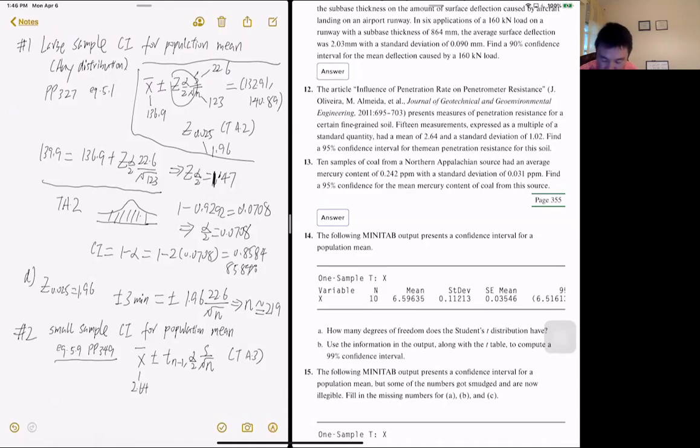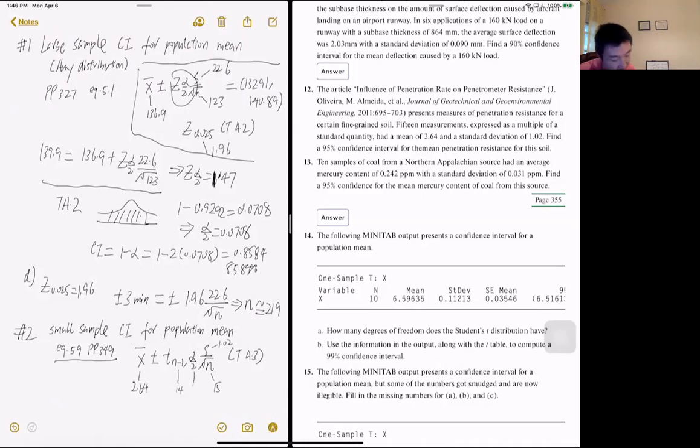Sample size n is 15, and the sample standard deviation s is 1.02. So let's figure out the t-value. The degree of freedom is n-1, so 15 minus 1 is 14.